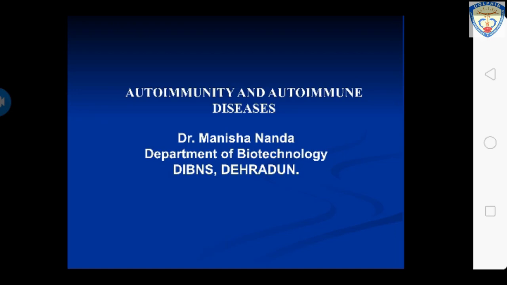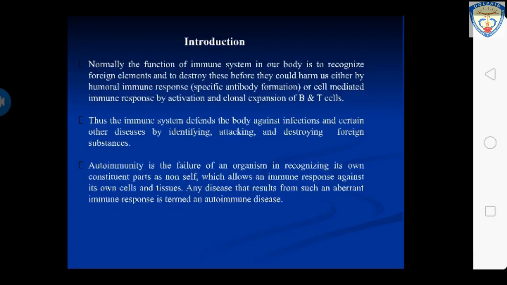Today, I'll be starting a talk on autoimmunity and autoimmune diseases, and in the first part, I'll be introducing you to autoimmunity and talking about the various mechanisms of self-tolerance.